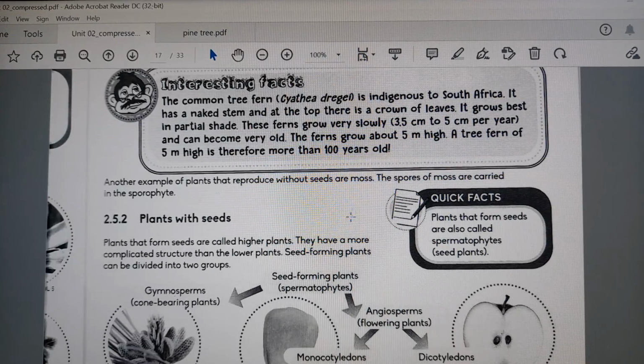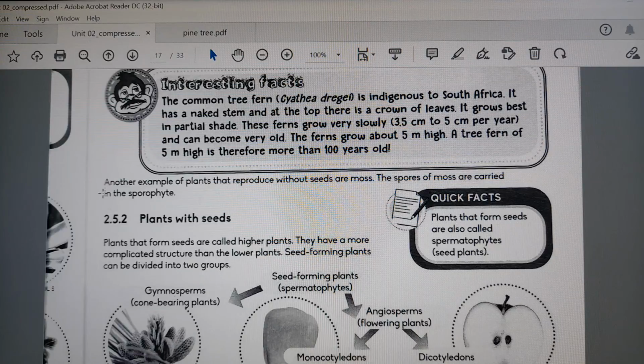So the examples of plants without seeds can be algae, fungi, ferns, and moss. So you know about 4 examples of plants without seeds, but the one that we've learned most about is the tree fern.